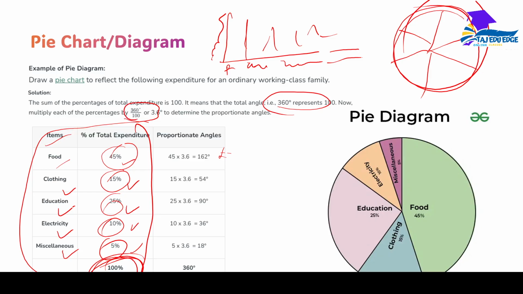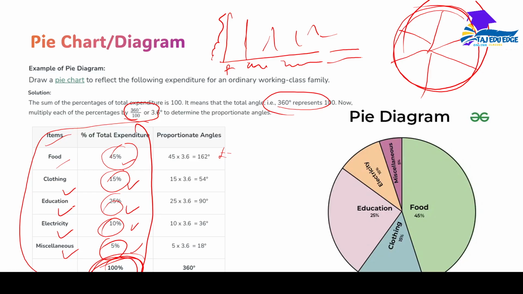So to draw the pie diagram, what do you need? A compass and a protractor scale.